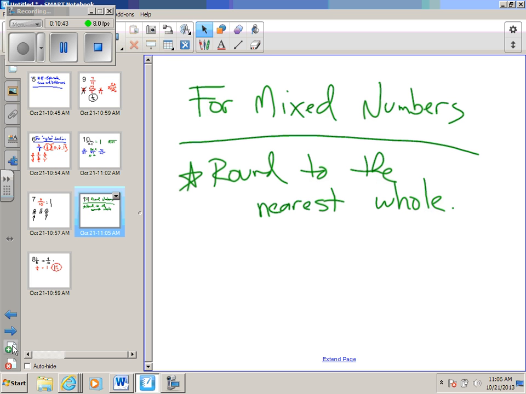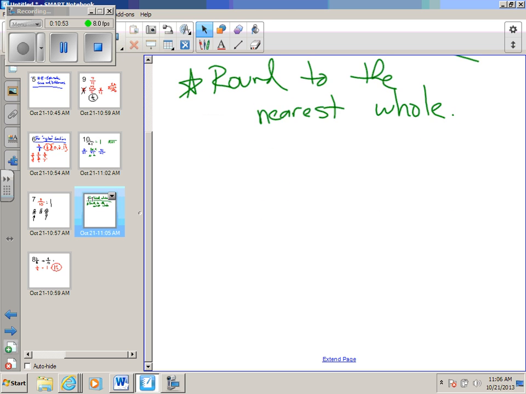We are going to round to the nearest whole. And after we take a look at this, it should make perfect sense to you. Because when you're rounding, what's that magic number that tells you if you're going to round up or if you're going to stay the same? 5. If it's 5 or larger, we always round up.